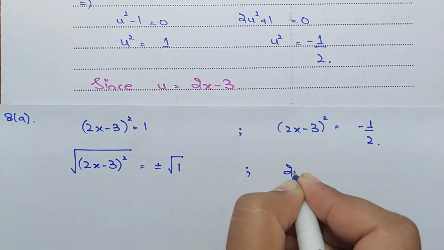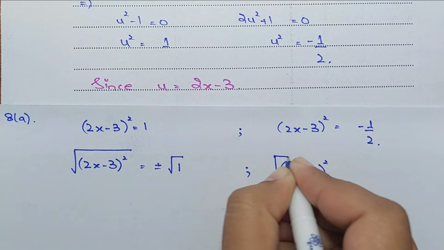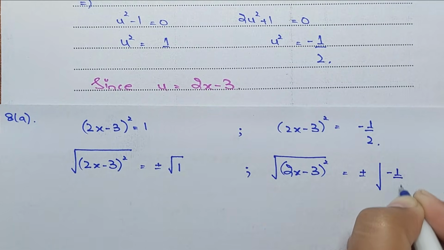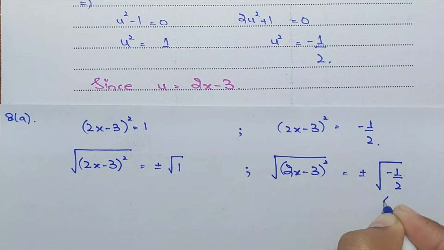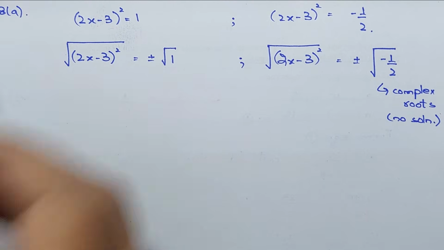And here 2x minus 3 would be equals to plus minus square root of minus 1 over 2. So negative square root, here you will get a complex roots. So from here we can say no solution, right? You will get solution from this here, right?